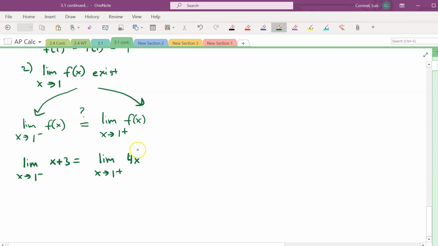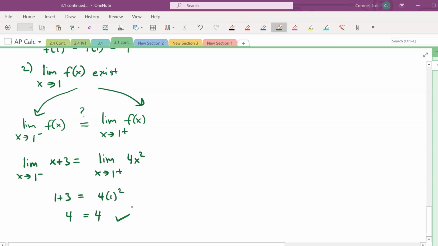At this point you could just plug in 1, since that is possible, and you get 1 plus 3 on the left. On the right side you get 4 times 1 squared. In other words, 4 is equal to 4. Check, the limit does exist.